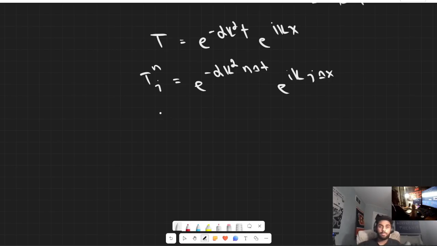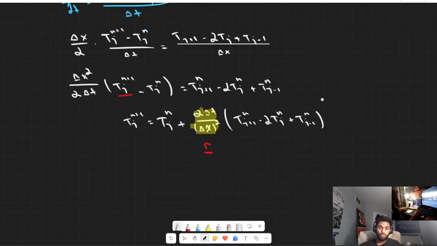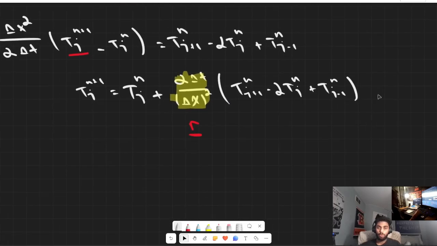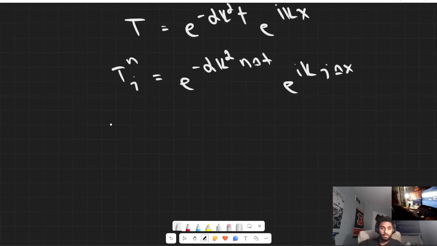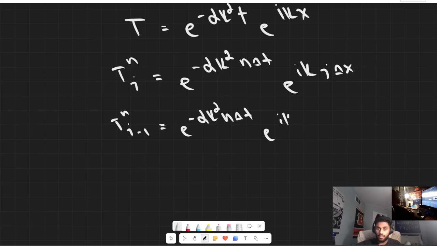Now remember that when we derived this overall equation, we have some j plus 1 and j minus 1 for some time n. So if we were to rewrite this for those, we'll start with minus 1. So we get e to the minus alpha k squared n delta t times e to the i k (j minus 1) delta x.